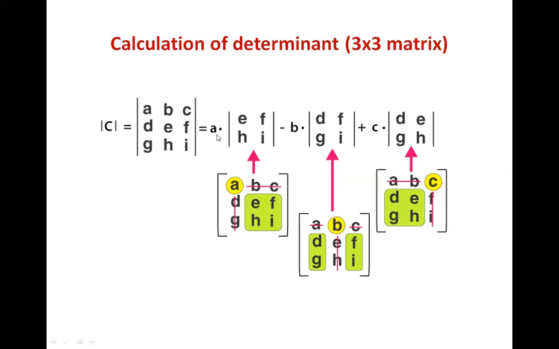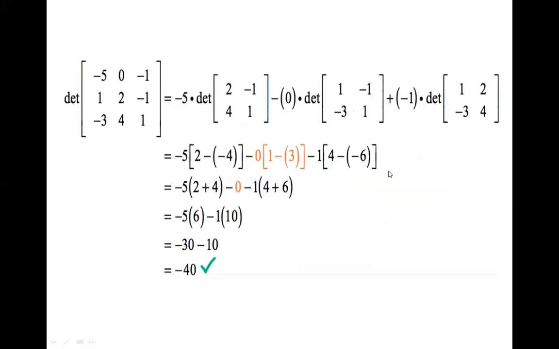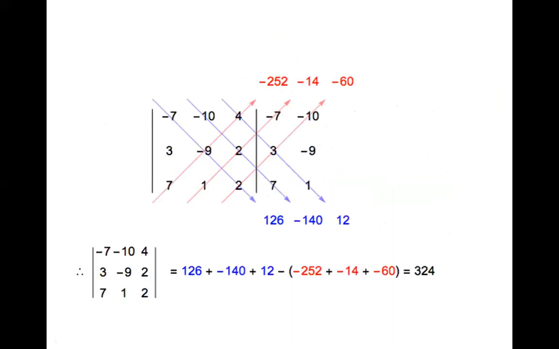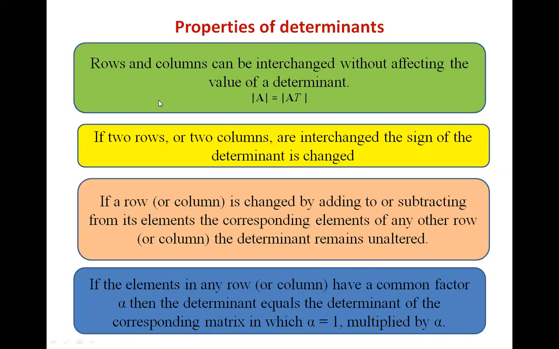To find out the reason why we have the indication of plus sign, minus, plus, then minus, plus, minus, likewise there are certain rules. For that rule, you will have to visit the article I have shown, and after calculation, you will be able to understand the properties of determinants.